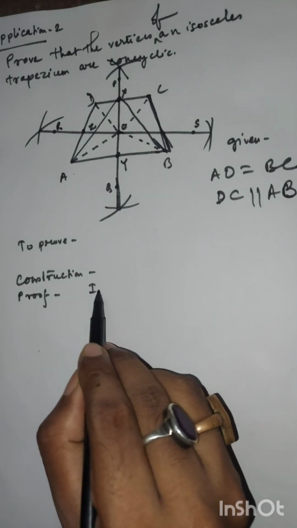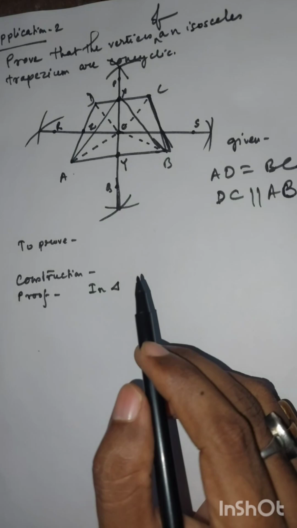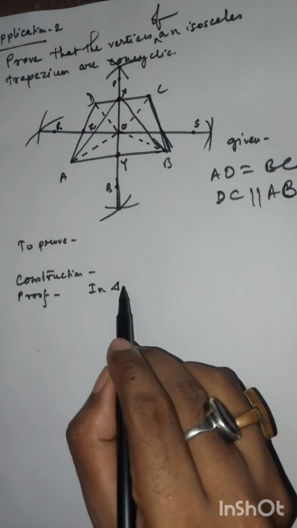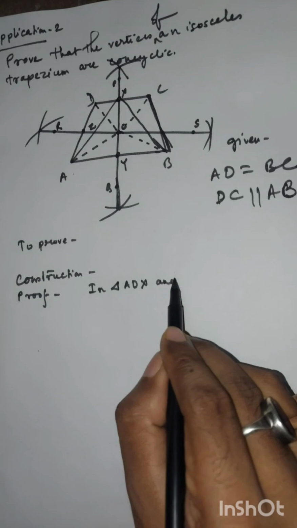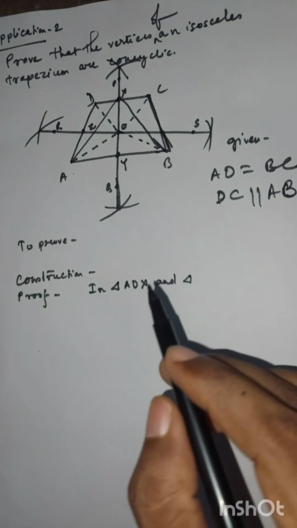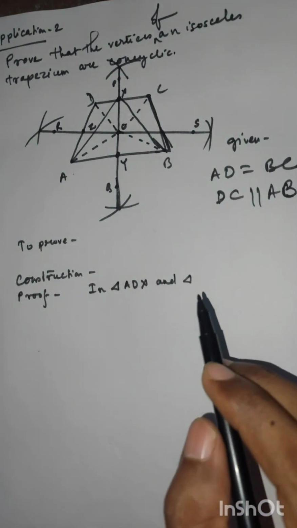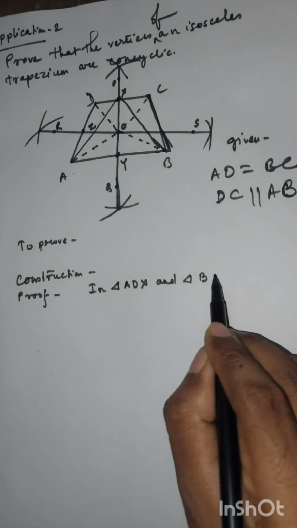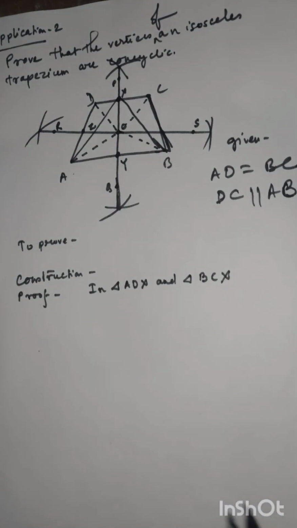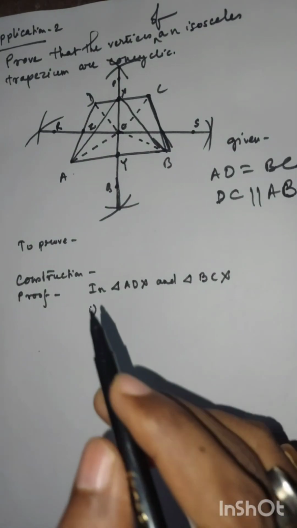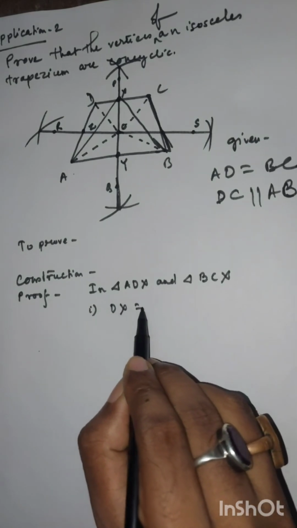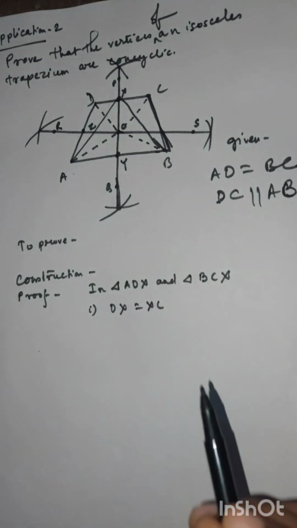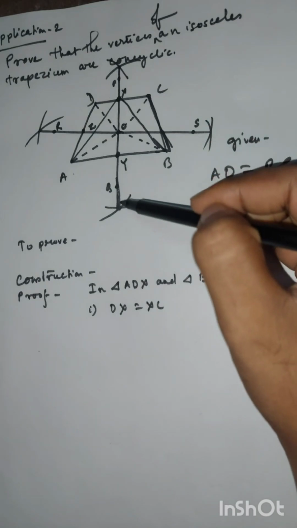In triangle ADX and triangle BCX, number 1, DX equal to XC, because this is a perpendicular bisector.